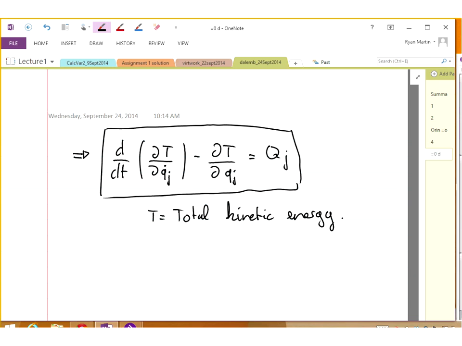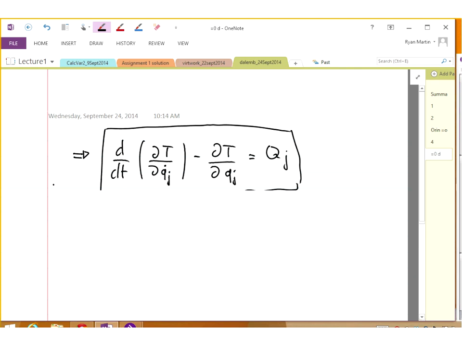by recalling one of our results from variational calculus.